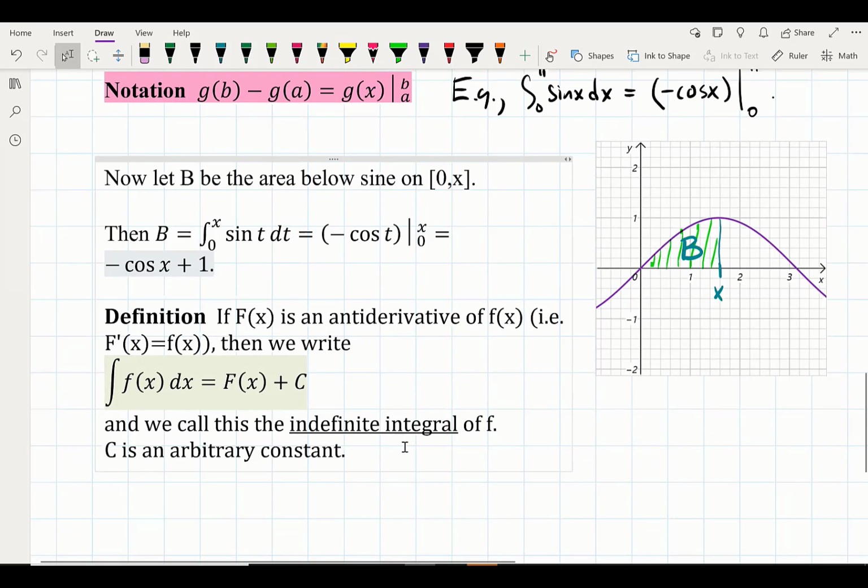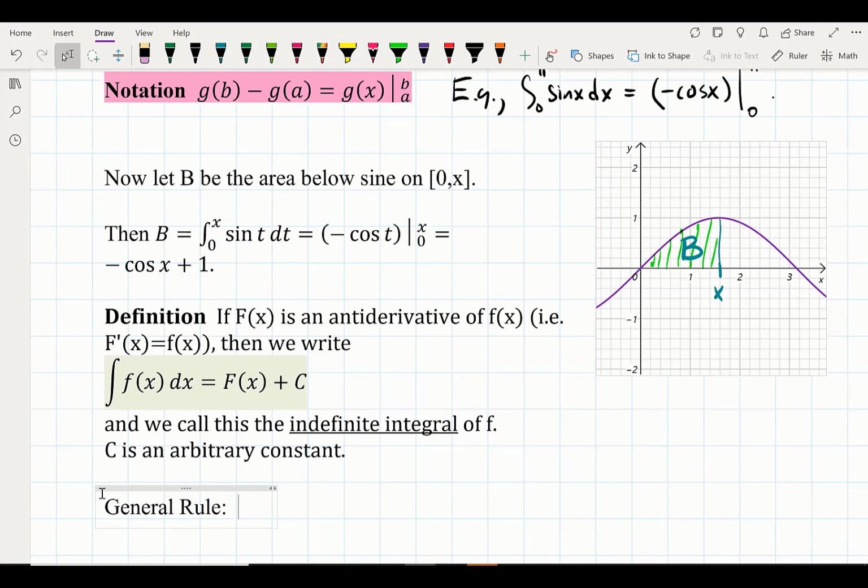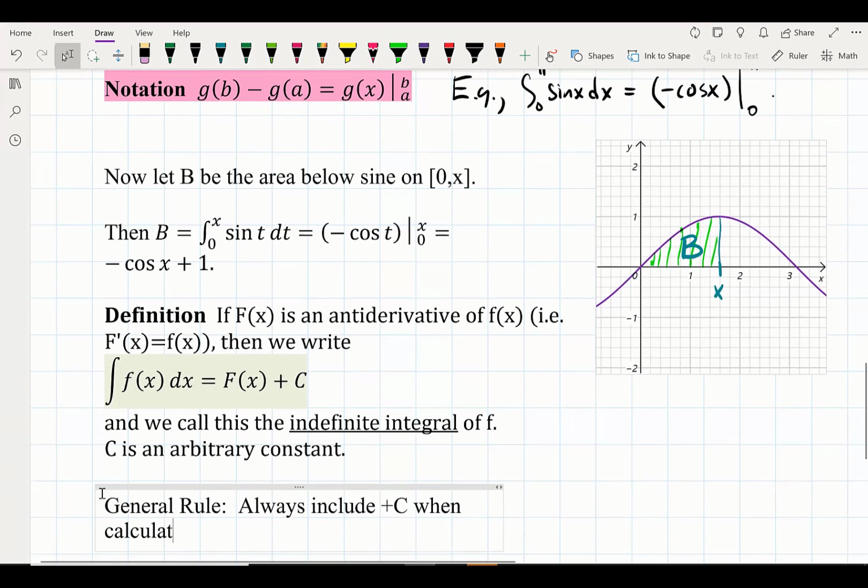This is probably a bit confusing, I'm sure, especially all the plus C business: when do you include it, when do you not? Let me just give you a general rule. Always include plus C when calculating indefinite integrals.